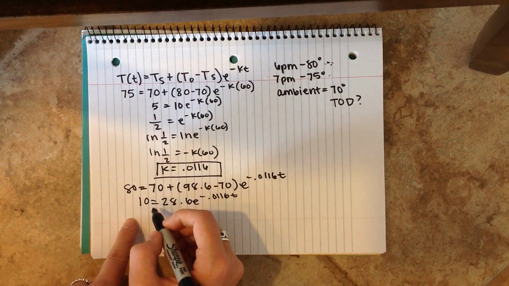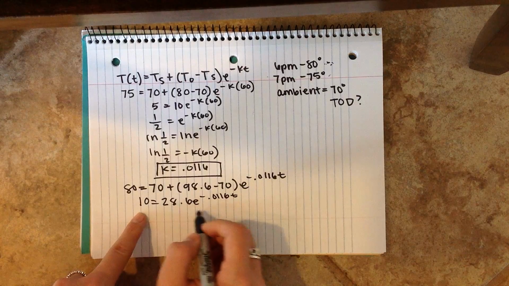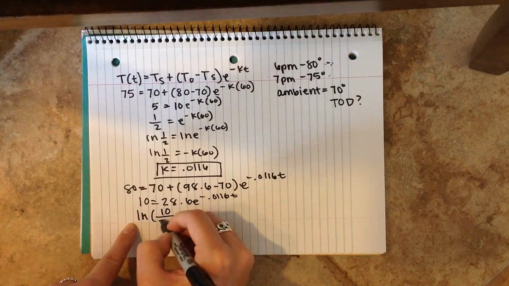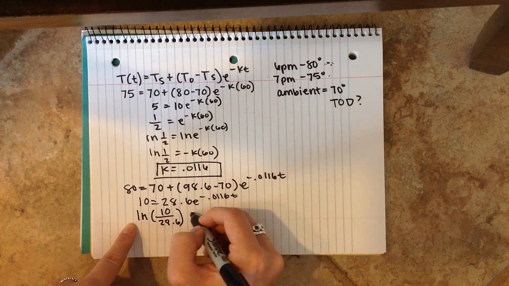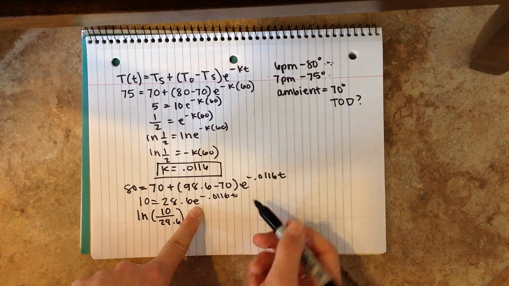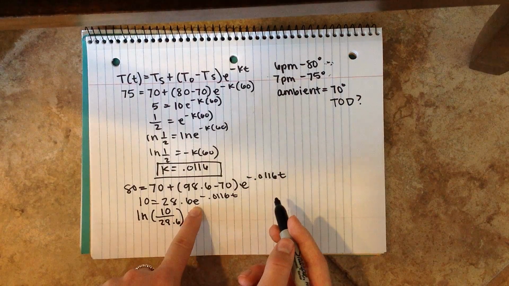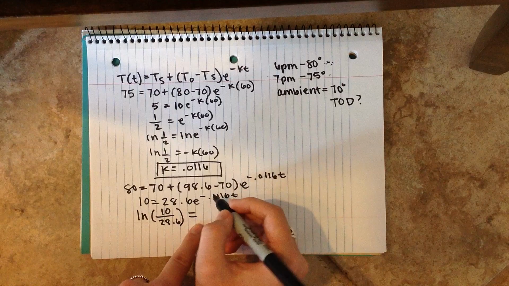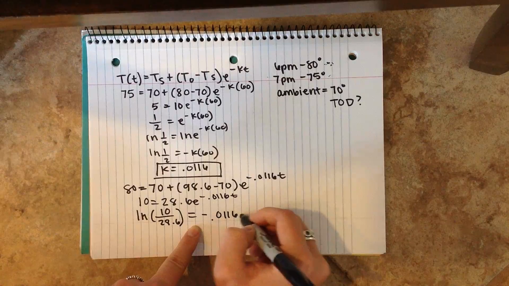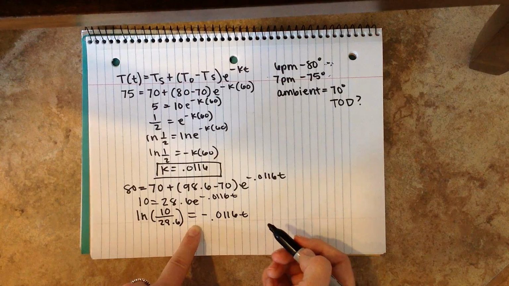From here, you're going to take the natural log of both sides of the equation. So we divide 10 by 28.6, so it's the natural log of 10 divided by 28.6 equals, and on this side we have e, and just like in the other equation, it cancels out to give you 1. So it equals negative 0.0116 times t.